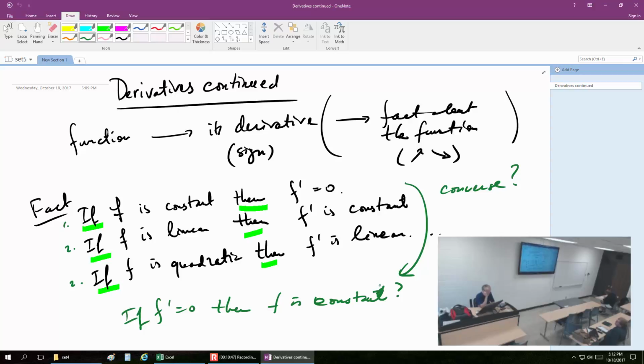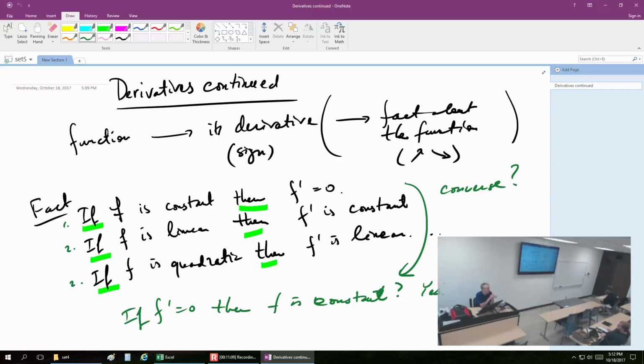So is it true? Yes, it will be, and it is something that you want to be true, because otherwise it would be a strange theory that we're developing here.